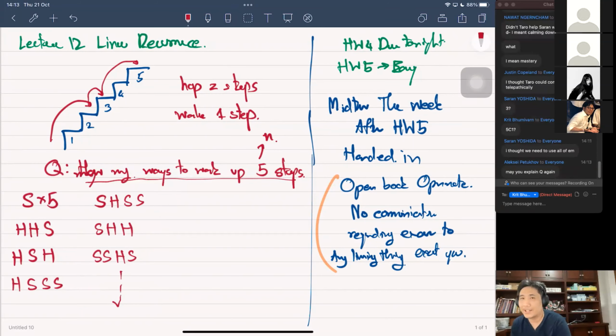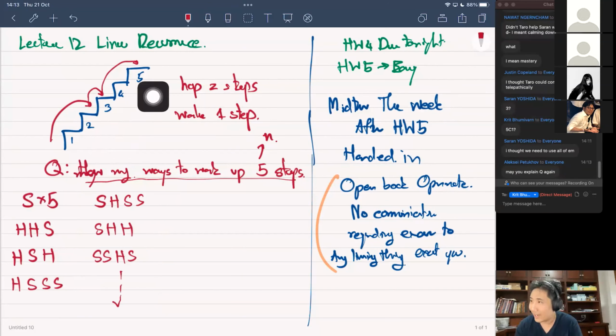Let me explain the question again. You have the stair of 5 steps, and when you go up the stair, you want to complete the 5 steps. Each time you do it, you have 2 choices: hopping 2 steps or walking 1 step.